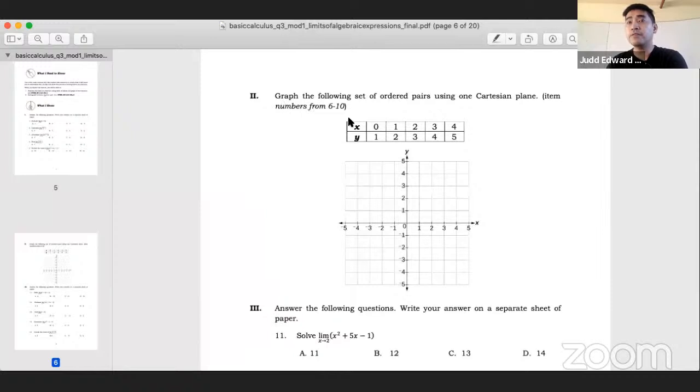For part 2, graph the following set of ordered pairs using one Cartesian plane.